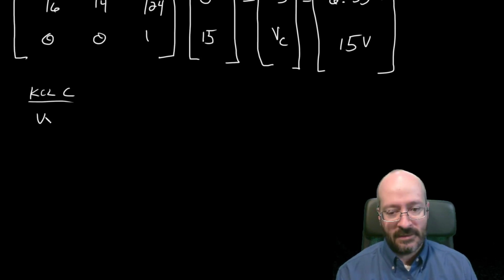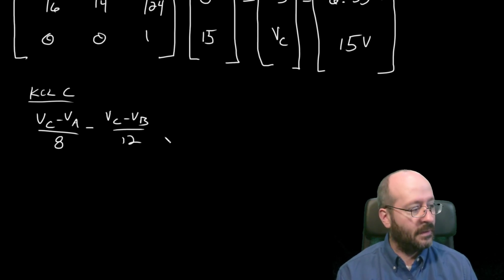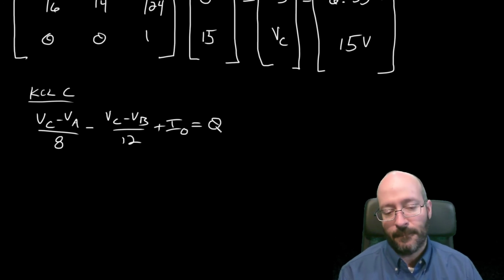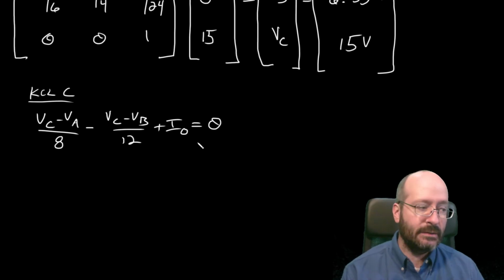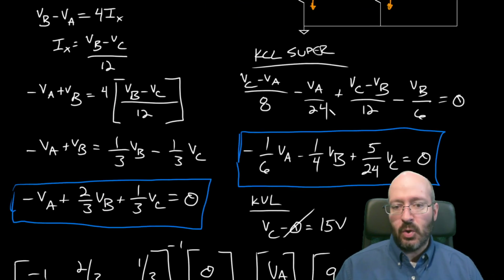Okay, so VC minus VA over 8 minus VC minus VB over 12, and I out is going in, so it's going to be plus I out, and that's equal to 0. Okay, so we added an equation because we added the unknown of I out, and that's going to be okay.